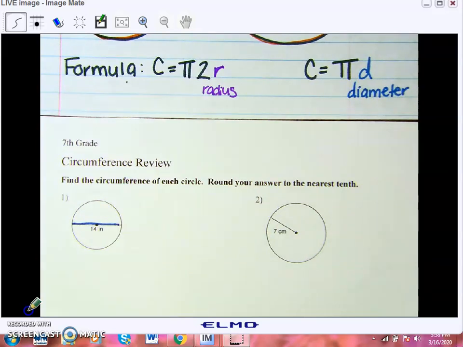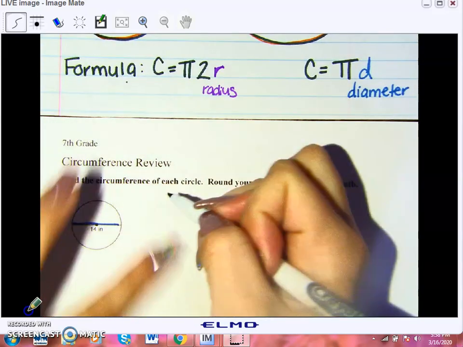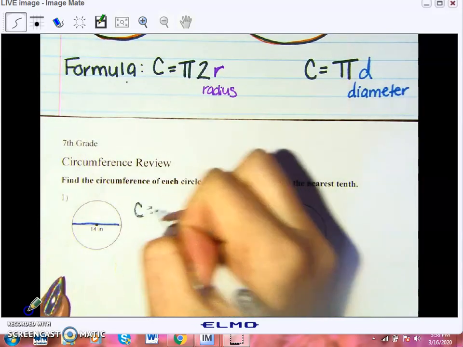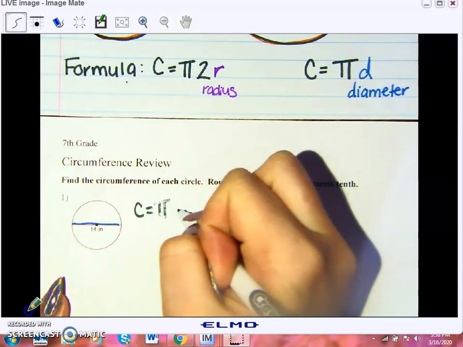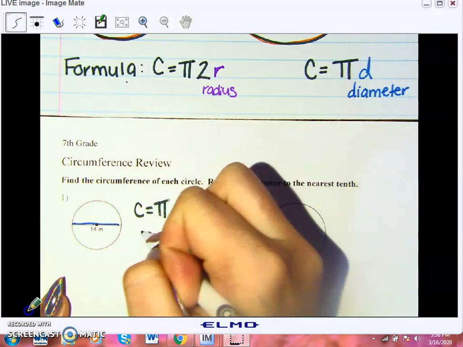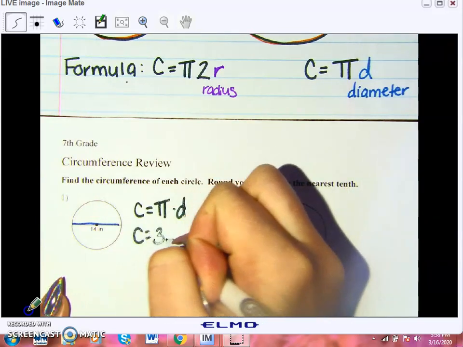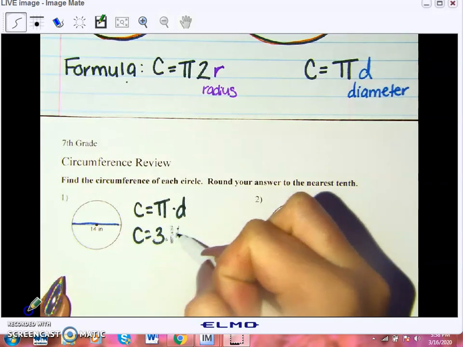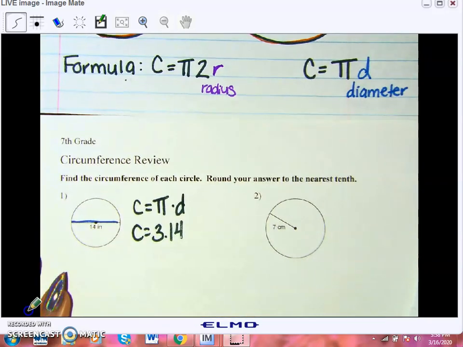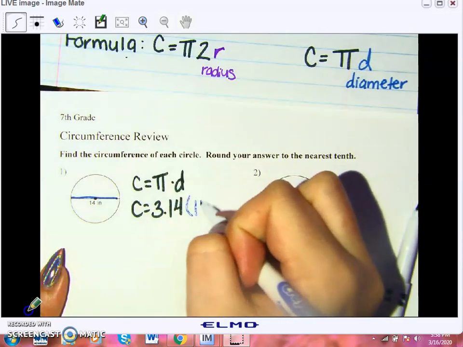Students learned that pi is a number that goes on and on forever and ever. We're going to use its rounded form as 3.14. So circumference equals pi times diameter, and we're going to be using again 3.14 for pi today, and we're going to be plugging in the number 14.